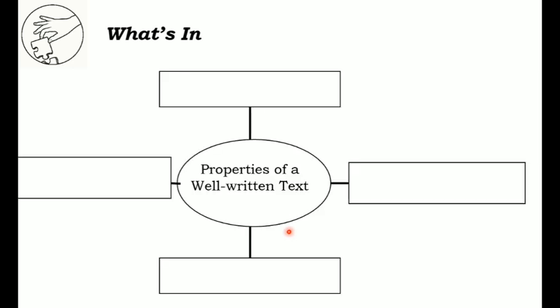Here are the properties of well-written text. First, we have fluency. When you say fluency, this is the ability of a student to talk with the flow of ideas without any difficulty. And then, language appropriateness. This is the use of appropriate language in a written or spoken text.